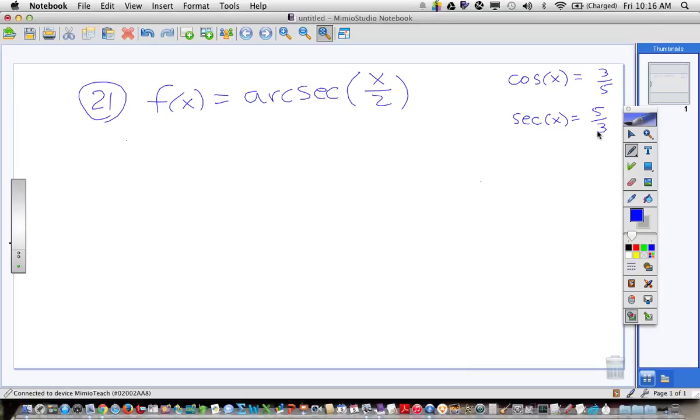Because the input to sine is the output of arc sine, and vice versa, because we are interchanging those. So this function is exactly the same function as this function right here. Those two are exactly the same function.